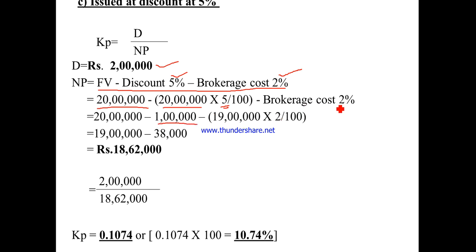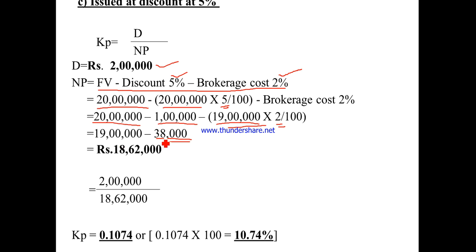Next, the brokerage cost. Here 20 lakh minus 1 lakh. An important point to note is that brokerage cost is to be calculated on face value minus discount. In case of premium, you calculated brokerage cost on face value plus premium, but in case of discount, it is face value minus discount, which comes to 19 lakh. So 2% on 19 lakh becomes 38,000.